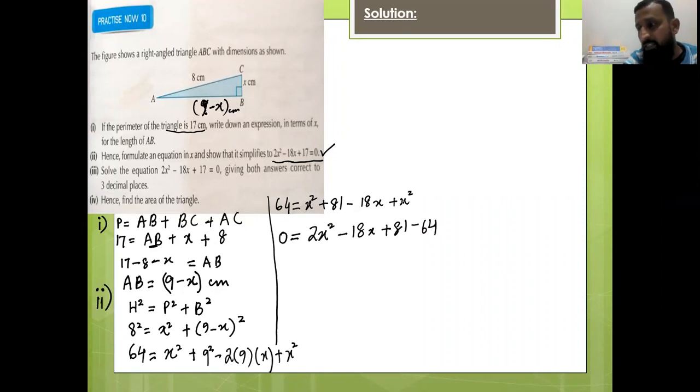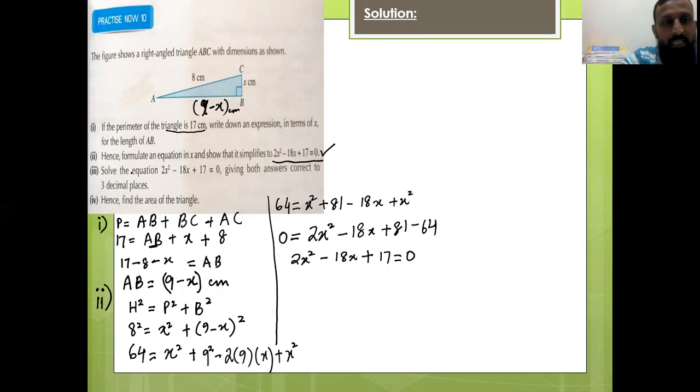Let's simplify 81 minus 64: the difference is positive 17. So 2x squared minus 18x plus 17 equals 0. This was the required equation.